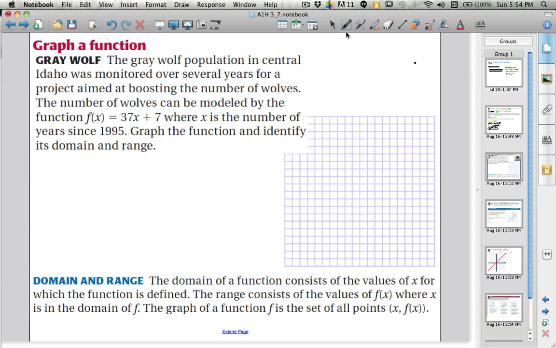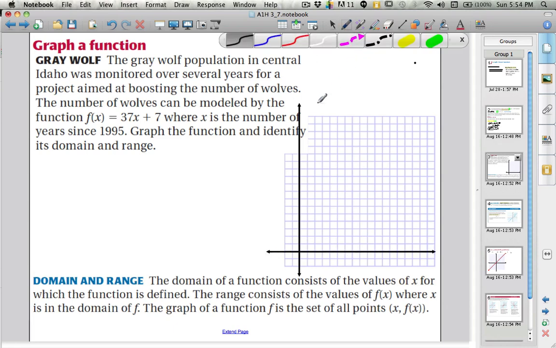So if I want to graph this, I'm going to go ahead and put some axes in. Again, we're not going to look backwards in time, and we're not going to deal with negative wolves. Those things aren't going to really exist. But if we take a look at this starting point, the 0 point, that represents the year 1995.